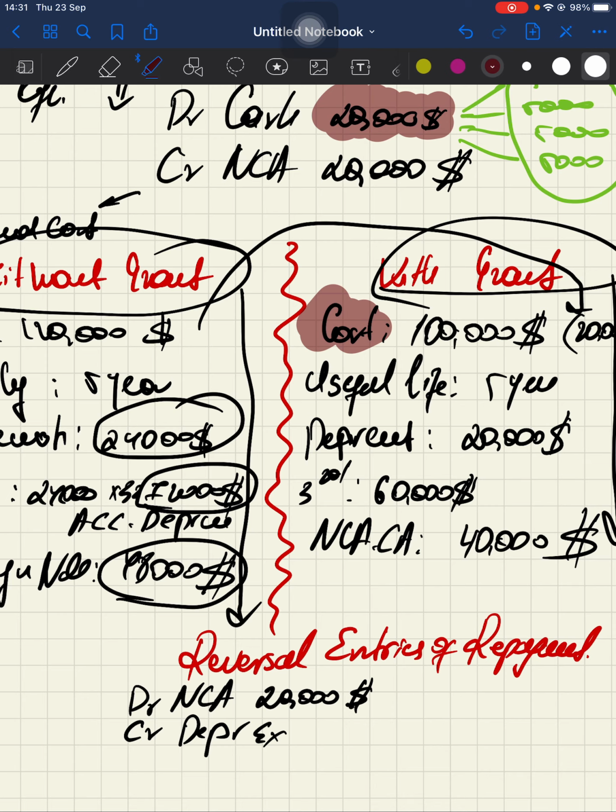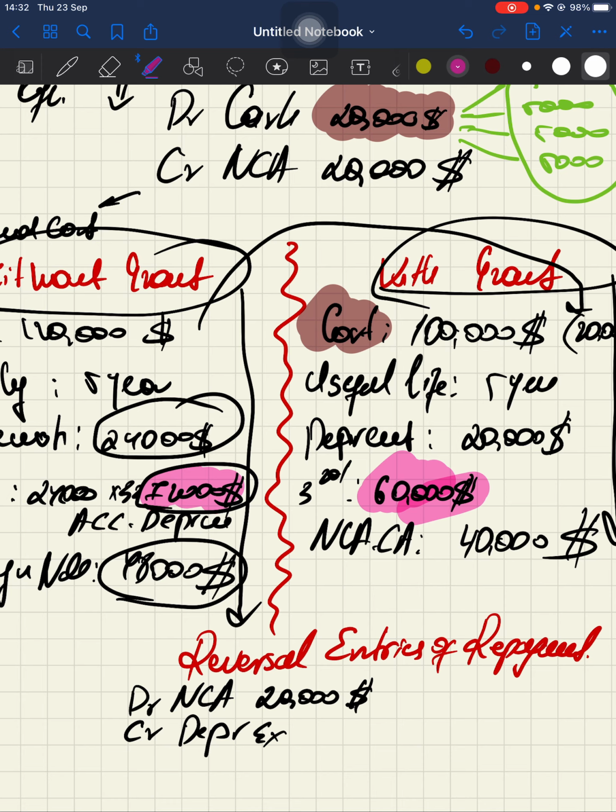what we are doing here is that in order to account for the asset as if we have never received a government grant, we should increase the accumulated depreciation over the 3 years from 60,000 to 72,000.